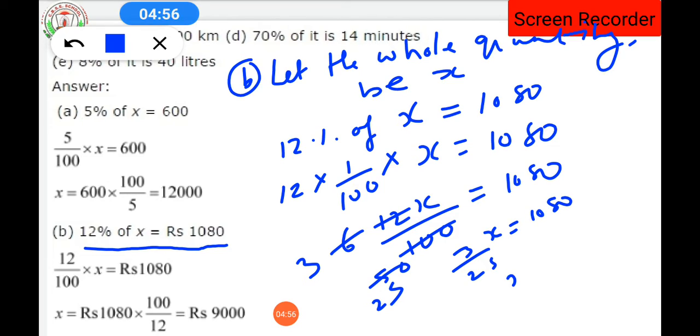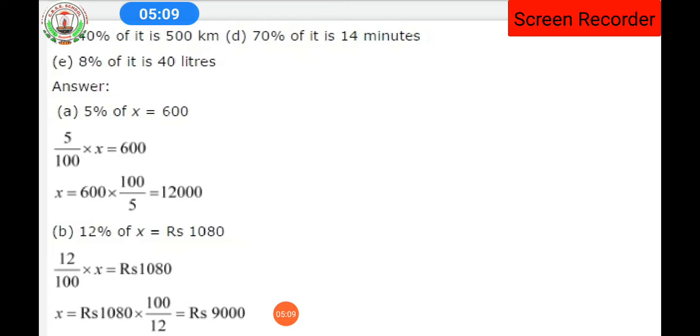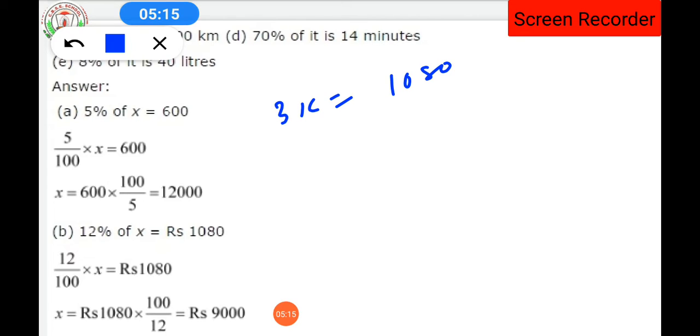Now since we have to find the value of x, this 25 will be multiplied with 1080, and 3 will become the denominator. So I will write again: x is equal to 1080 into 25 upon 3, this 3 will come in the denominator.